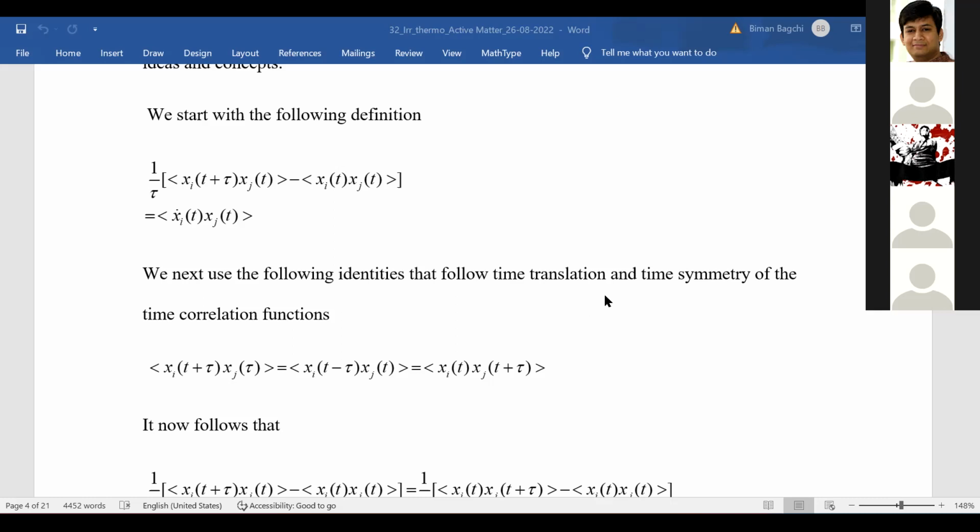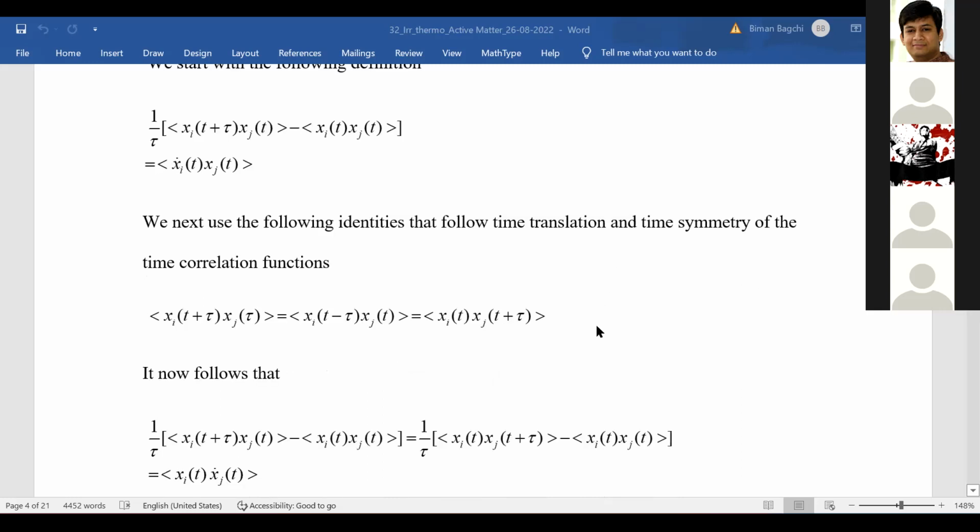I do that Xi(t) plus Xj(tau)... Did I make another mistake here? Let me see. Okay, Xi(t+tau), and then Xj(t+tau). That last equation is time translation. Sorry, this is not tau, this is t. In the first thing it is just t here. That's why I got confused.